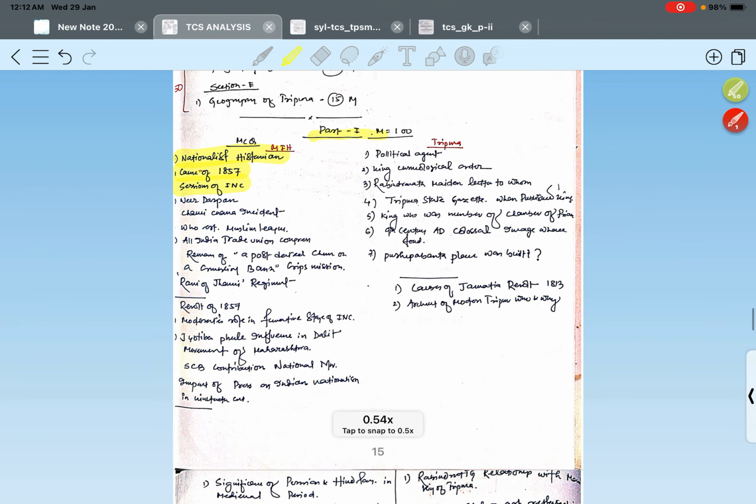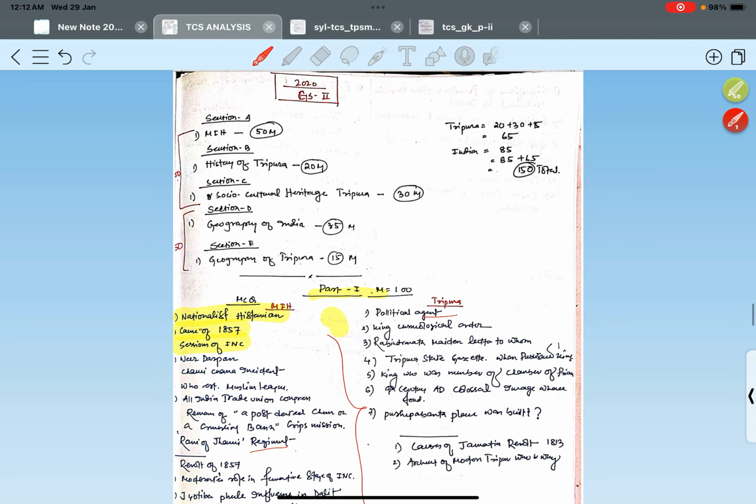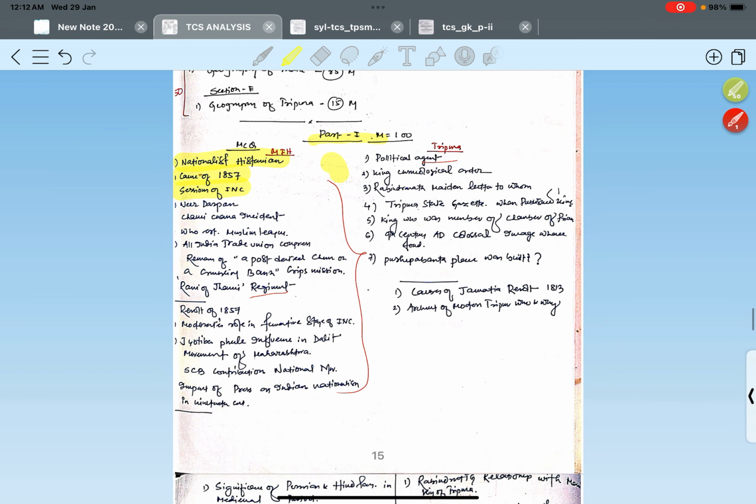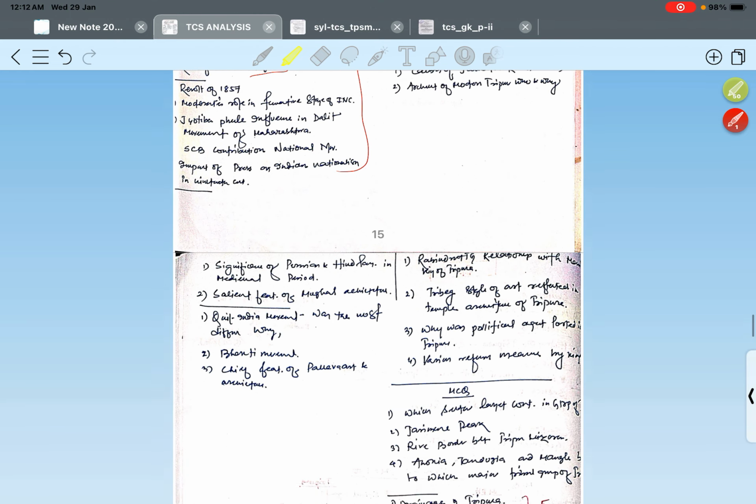In this way you will write each and every topic. This was the question of 2020 GS paper 2. So in this way you will write the topics of the questions, and you will do this for the whole question paper.